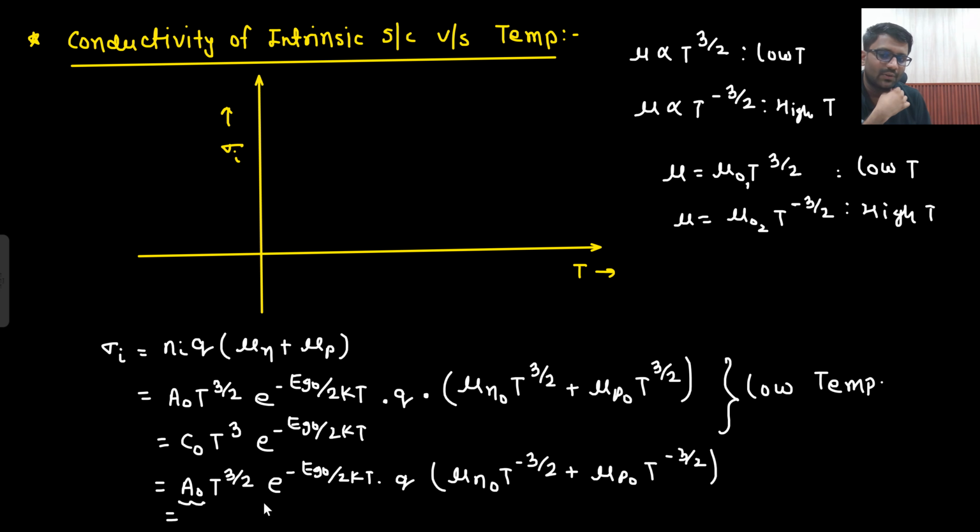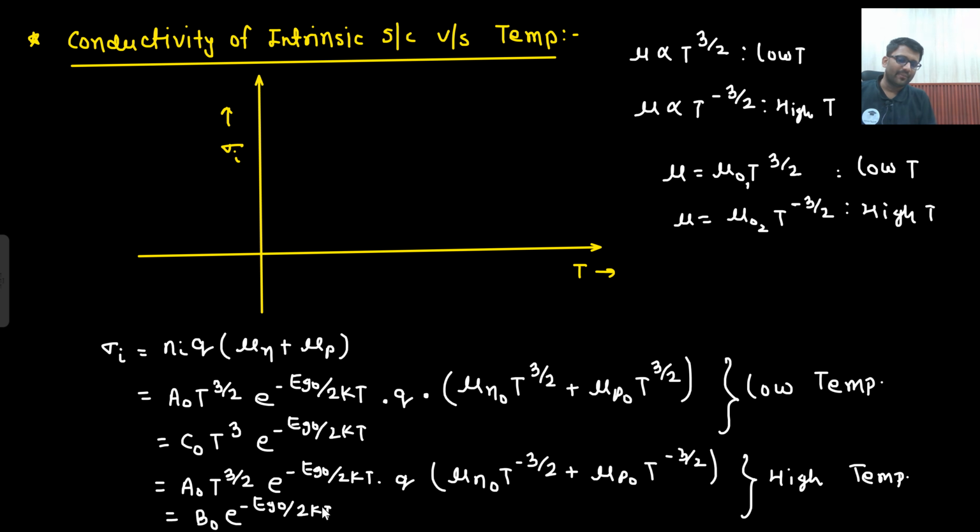So A naught is constant, everything is constant only. So what you are getting is some B naught, T to the power 0 only, so that term is gone. What you are left with is e to the power minus Eg naught divided by 2kT. So this is happening at high temperature.